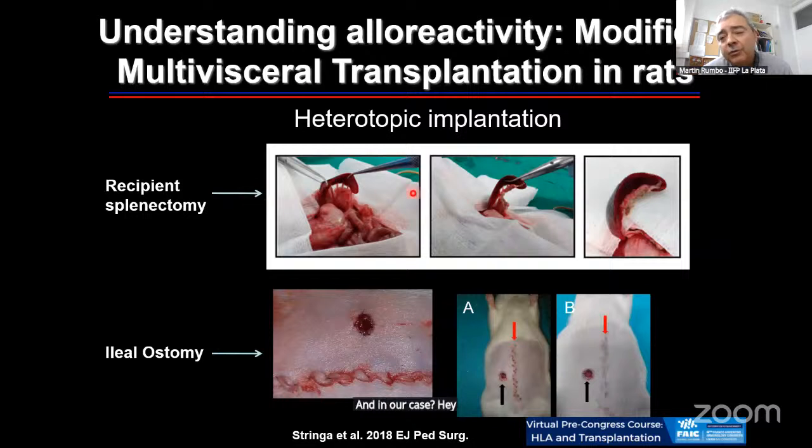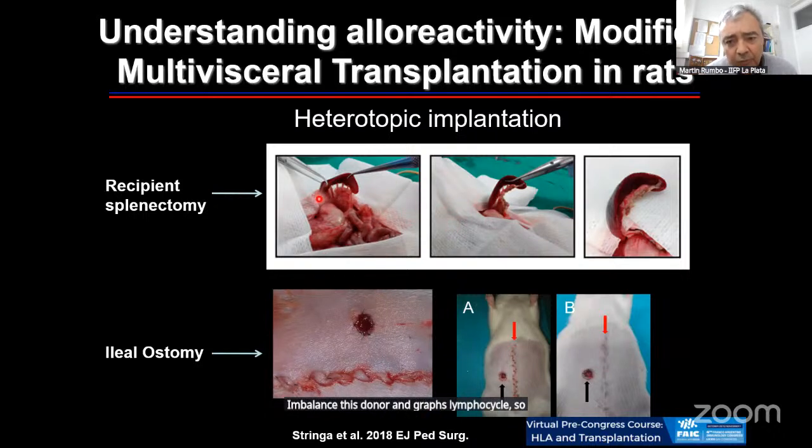In our case, we wanted to contribute to this surgical controversy, trying to show in which situation graft-versus-host disease may take place, depending on the anatomy of the graft and the anatomy of the recipient. Many surgical teams use a recipient splenectomy just to generate more space for the graft, but this may also imbalance the donor and graft lymphocyte load.